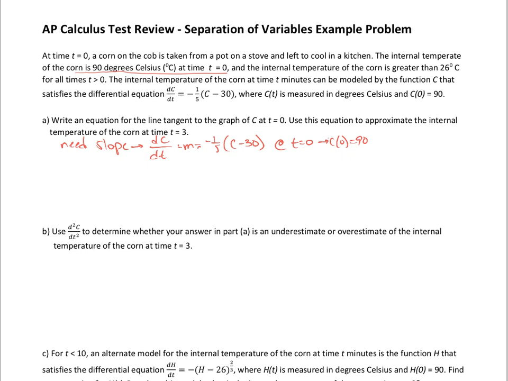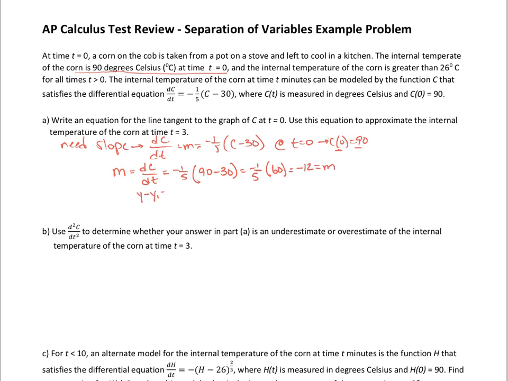Since we are given the slope, we need to determine it at 0, where we have 90. So the slope, which is our dc/dt, equals negative 1/5, and we're simply going to put in the 90 right here. Then we get negative 1/5 times 90 minus 30, which is 60, and that gives me a value of negative 12, which we said was our slope.